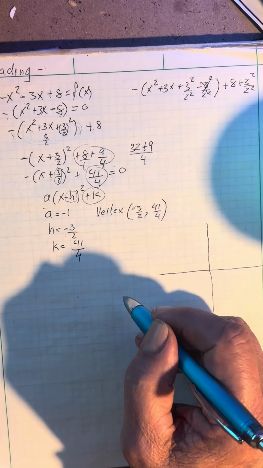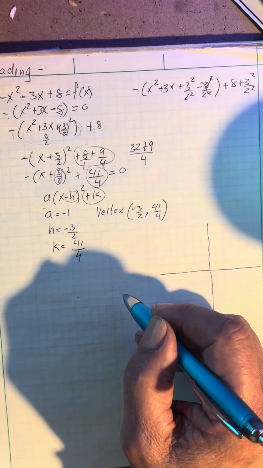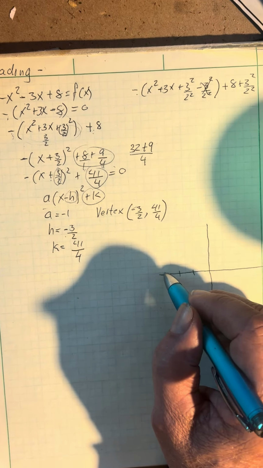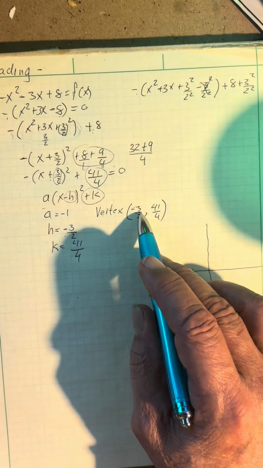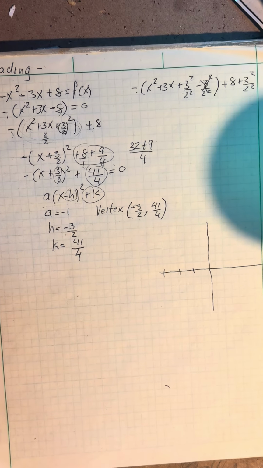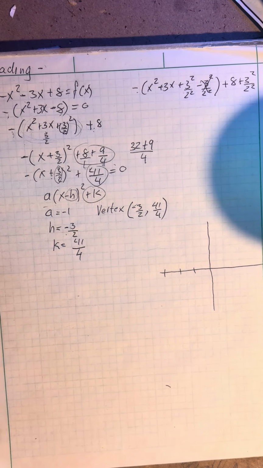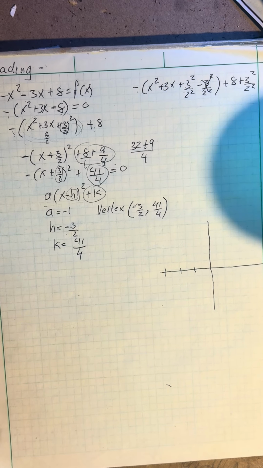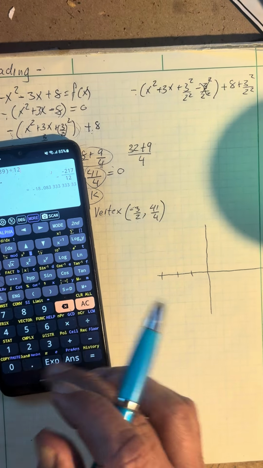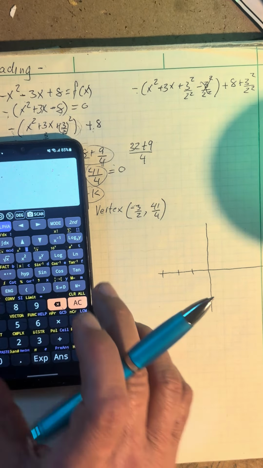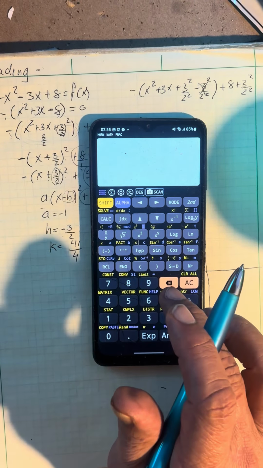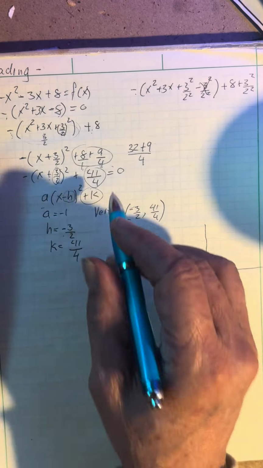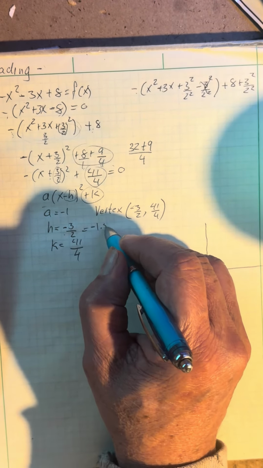And minus 3 halves, where does it happen? Well, we go 1, 2, 3. And 3 divided by 2, I believe, is 1.5. Let me check with my handy dandy calculator. 3 divided by 2 is equal to 1.5, so minus 1.5.